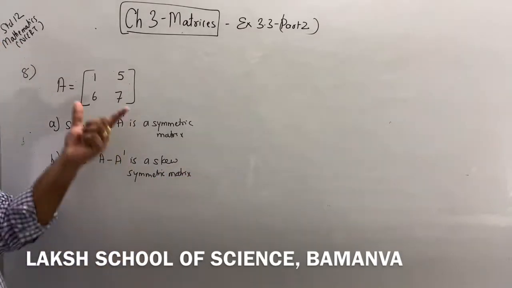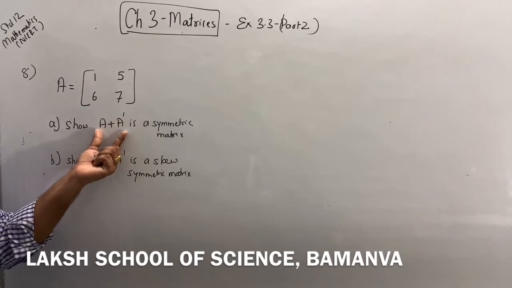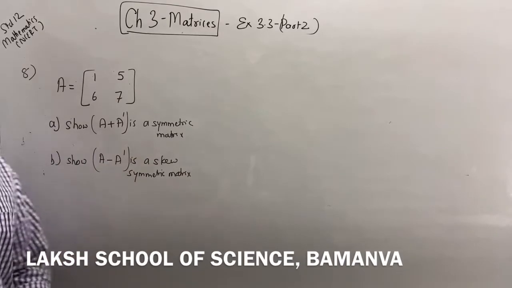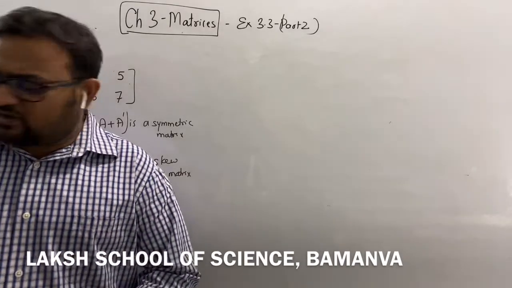So matrix A is given. First part, you have to show A plus A transpose is symmetric, and A minus A transpose is skew symmetric.